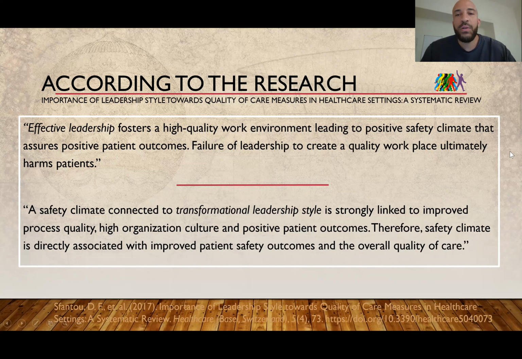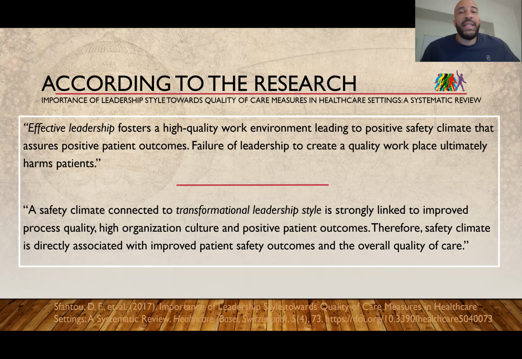The name of the article is The Importance of Leadership Style Towards Quality of Care Measures in Healthcare Settings, a Systematic Review. So this was a systematic review of a bunch of different research articles. And what I found from there, I'm going to share with you.